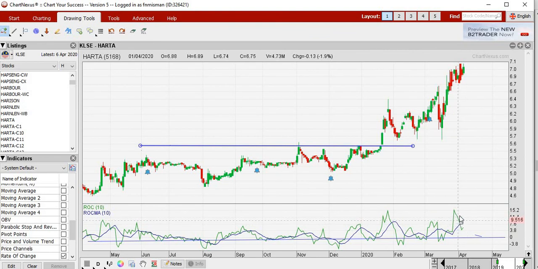So it's quite risky to buy. You need to wait for the ROC value to enter below zero. Even though you see here the ROC value spiking, reversing from the downtrend to uptrend, it may indicate that the price may increase for 2-3 days.